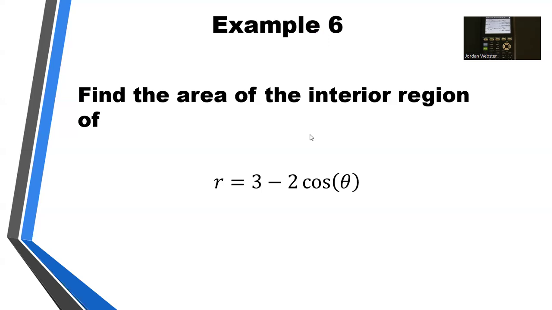Here's another area of the interior region that we found, well, this was in example 6 of the lecture on calculus with polar equations. So we had the function r equals 3 minus 2 cosine theta, and we found the area of the interior region.